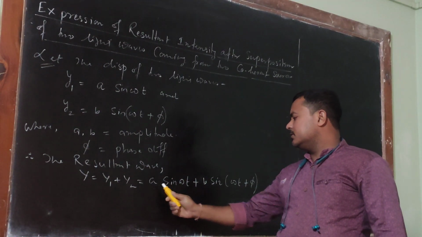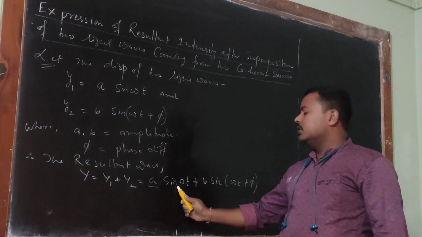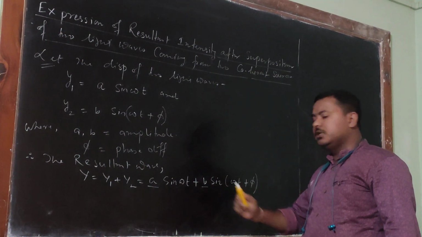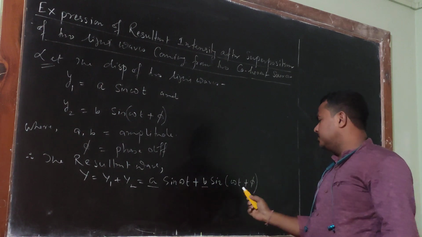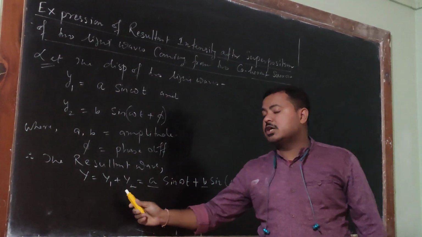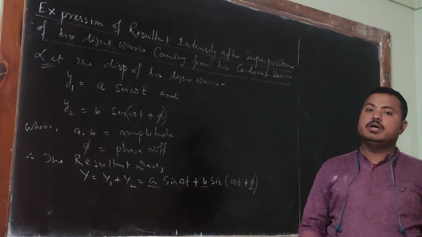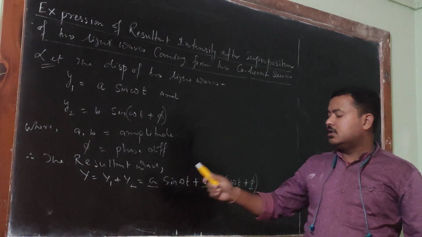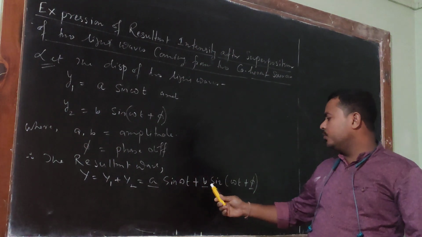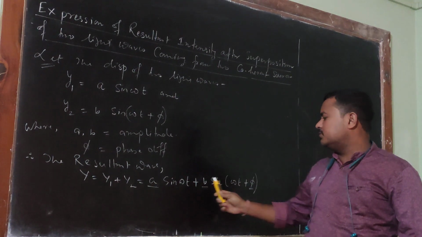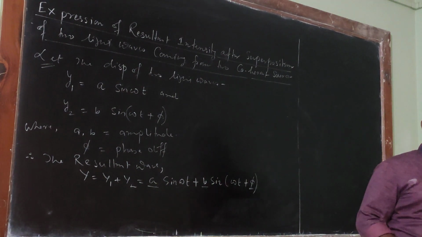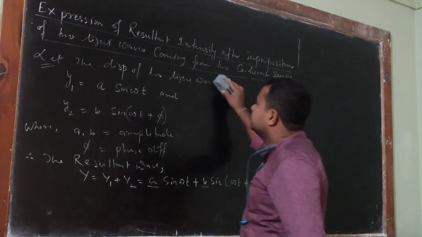For this function a is the amplitude, for this function b is the amplitude, and the phase difference between them is what? Phi. So now you can find the expression for resultant amplitude. You got this formula in oscillation chapters. If the amplitudes of two waves are given and you know the phase difference between them, you can find the resultant amplitude. What is the formula of resultant amplitude?